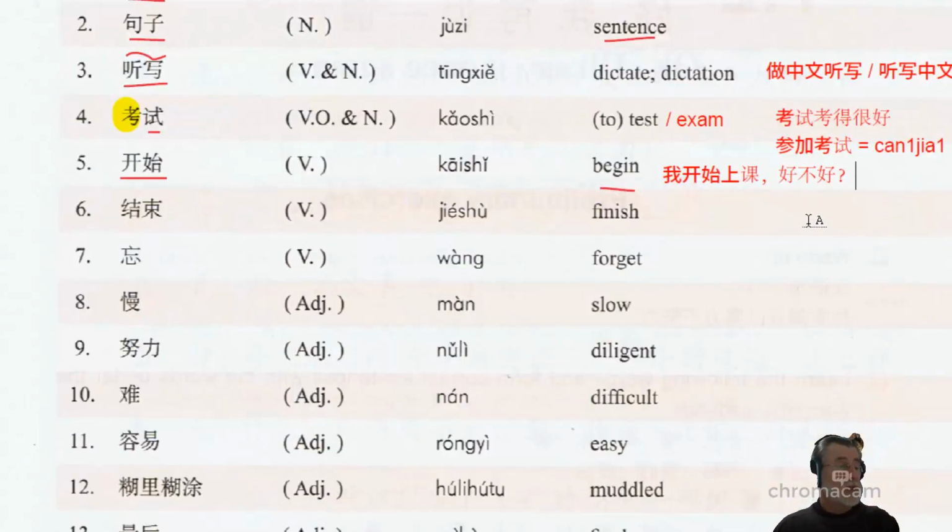So 开始 is a verb, and often used before other verbs to express the idea of starting that action.